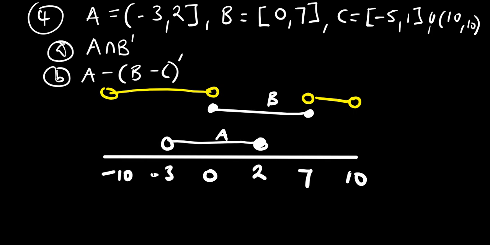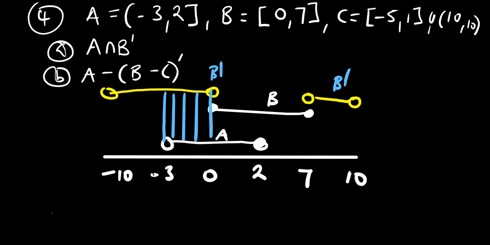Then we find the intersection between the two. On this side there's nothing common between the two, so only this region is common between A and B complement. So what is the solution set for this expression?